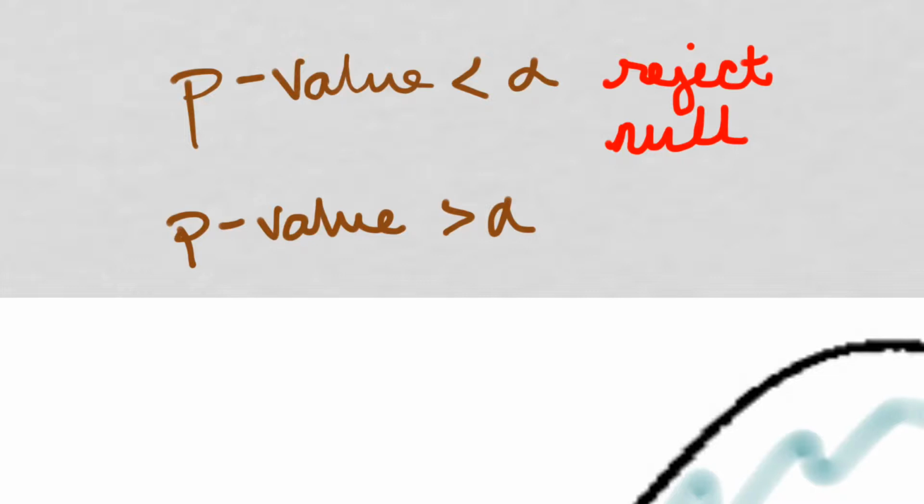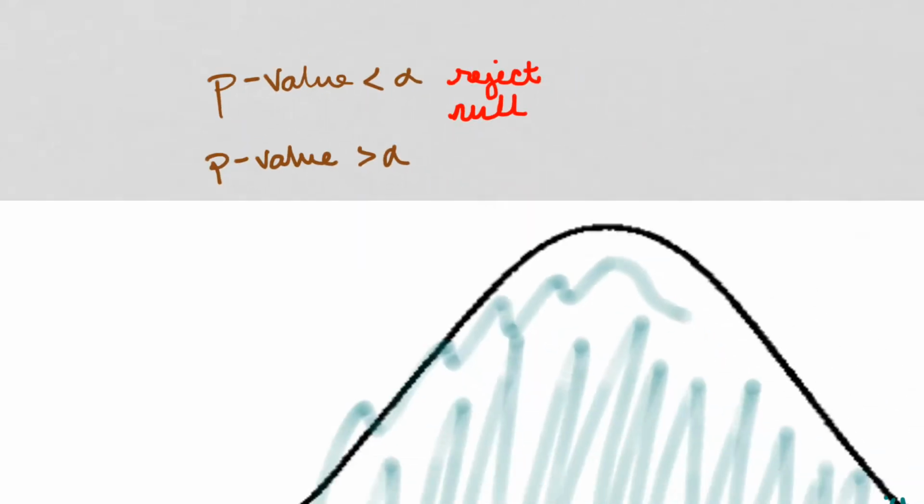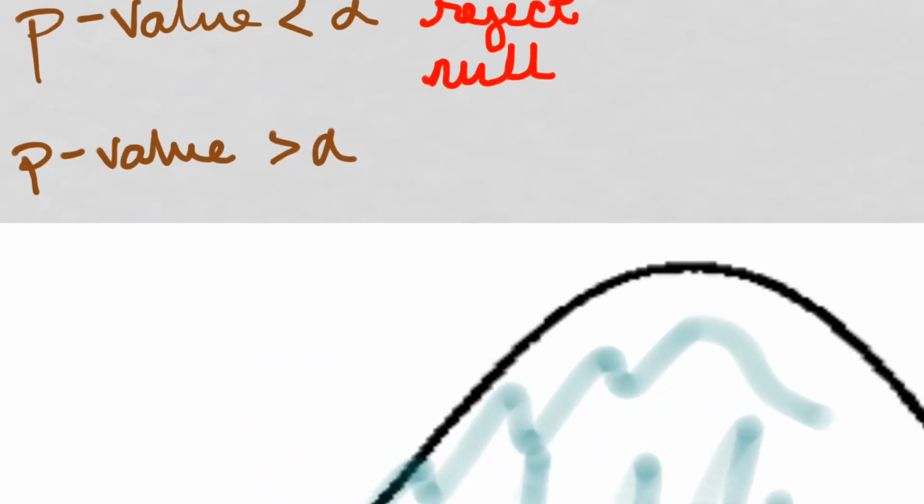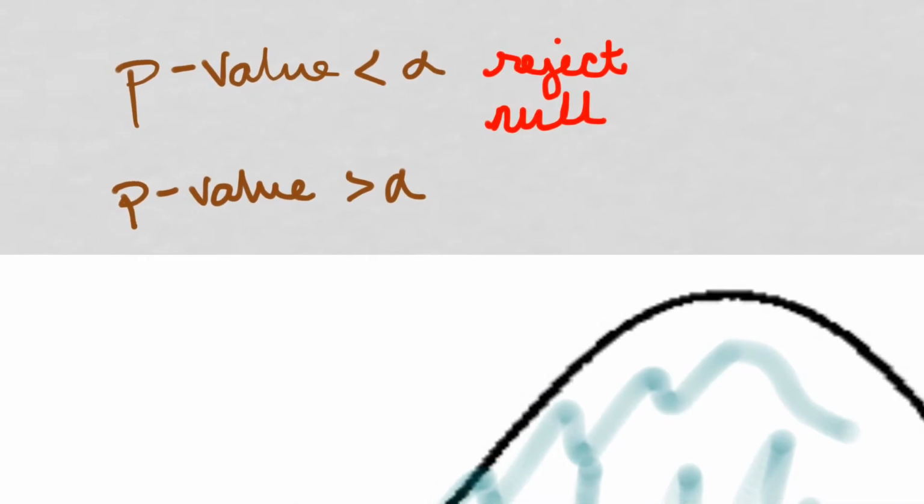If our p-value is greater than our significance level, that means our event is occurring in this area, which was in our confidence interval. So if our event is occurring inside our confidence interval, that is not cause for concern, so we would not reject the null, or we would fail to reject the null.